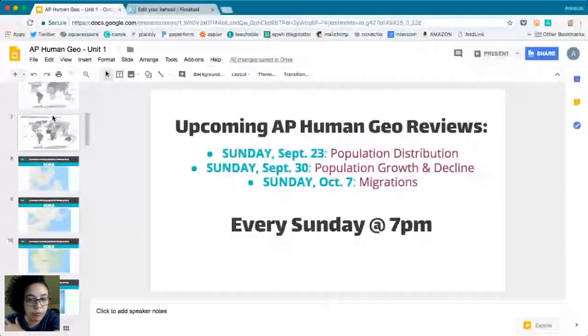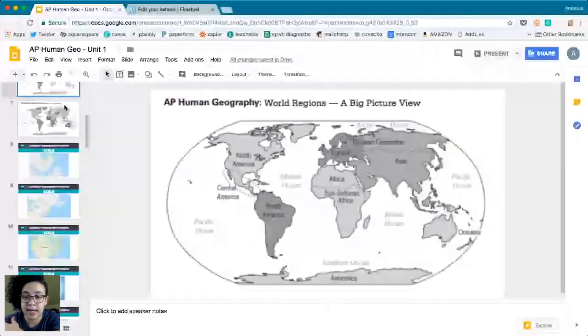So first thing I just want to mention really quick, if you haven't started studying a map to know the regions, it's something that you really should do. On the exam, they're not going to ask you where is Brazil, where is China, but you really do need to know the regions of the world. In this case, this is talking about the bigger world regions, which is basically the continents, and then sometimes north and south. But you definitely need to know your continents.